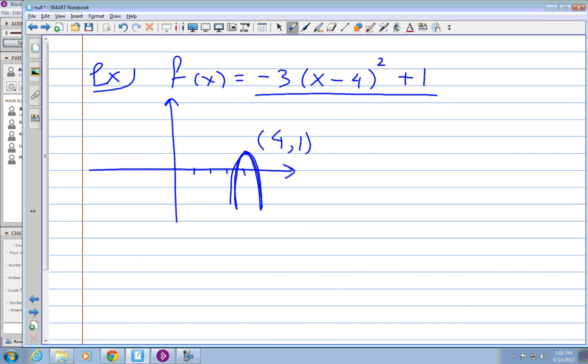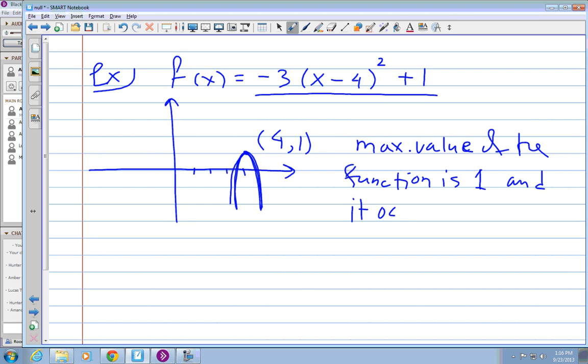Nothing is higher than 1 on this function. What does x have to be in order for this function to be at the maximum? 4, right? So the maximum value of the function is 1, and it occurs when x equals 4.